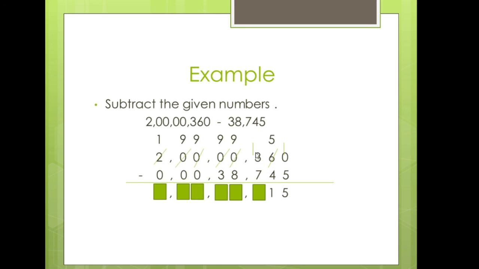Now 13 minus 7 will give you 6. 9 minus 8 will give you 1. Again 9 minus 3 will give you 6. 9 minus 0 will give you 9. 9 minus 0 again will give you 9. And as 1 is left over here, 1 minus 0 will give you 1.